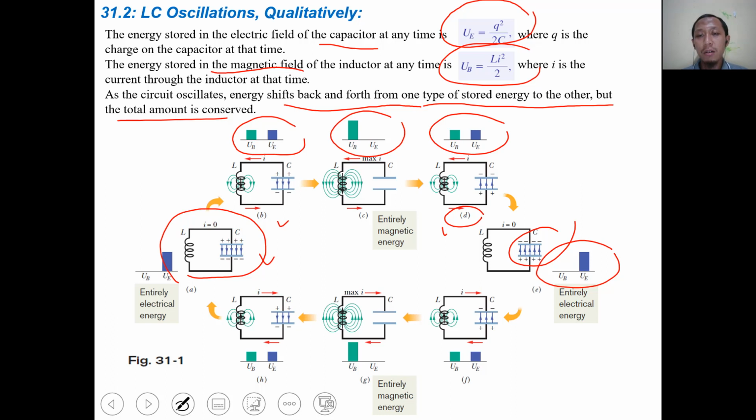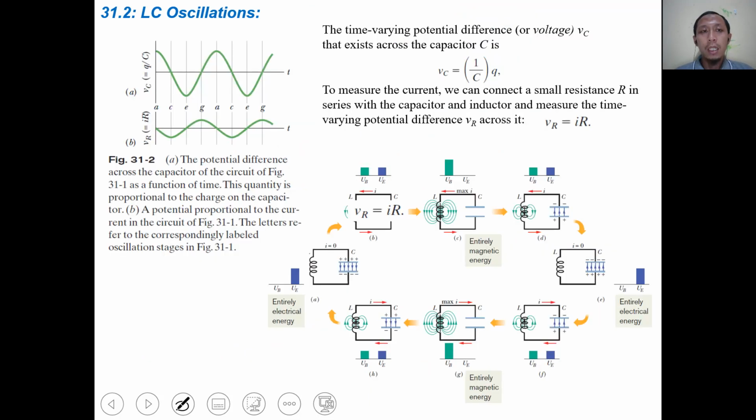After the energy stored in the capacitor is at maximum, it is transferred again to the inductor, so U_E is equal to U_B until U_B is maximum, and then the energy is transferred again from the inductor to the capacitor. We can see this flow from A to H.